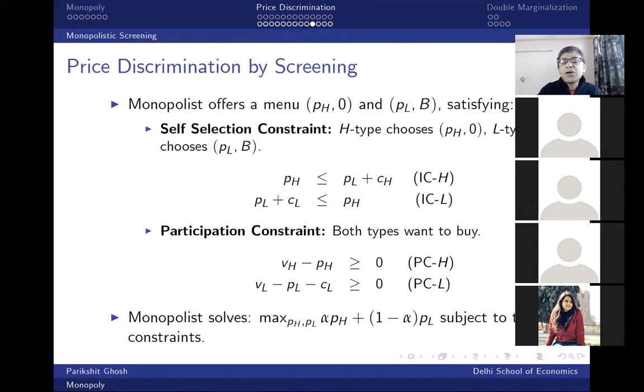Okay, so how do we solve a problem like this? I kind of gave you an outline at the end of the last lecture. Essentially, the strategy is as follows.